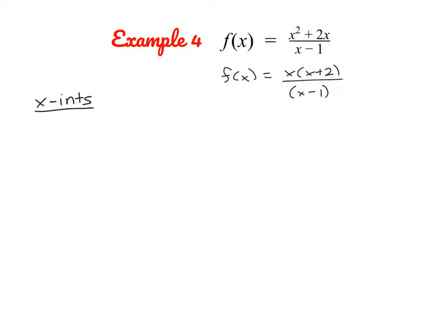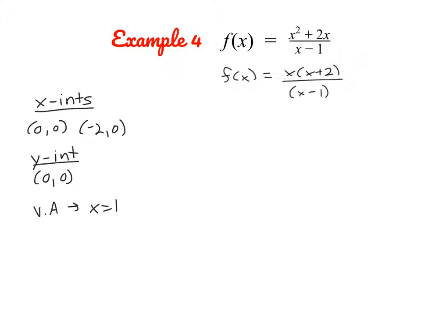I'm going to have an x-intercept at the origin and at -2, 0. I know that my y-intercept is at the origin. I can see that I have a vertical asymptote at x equals 1.